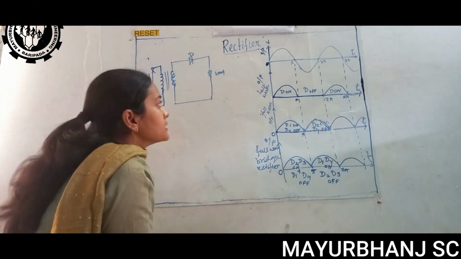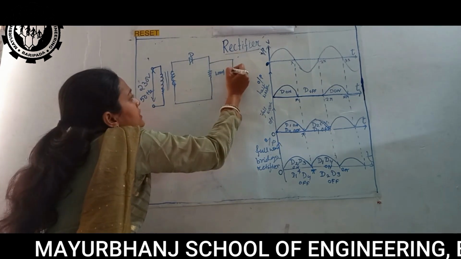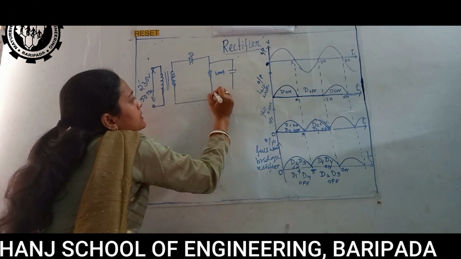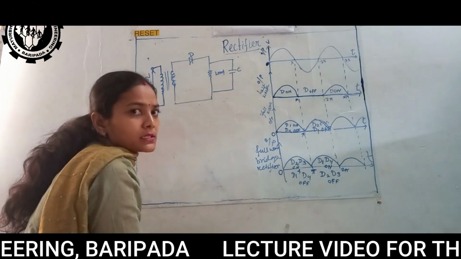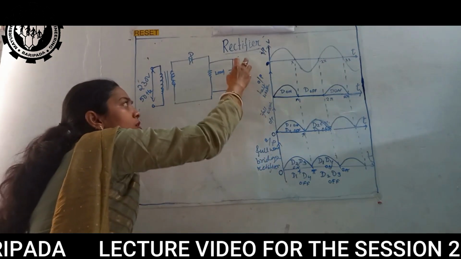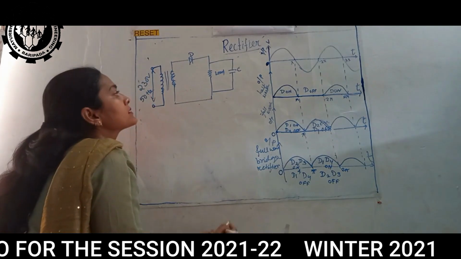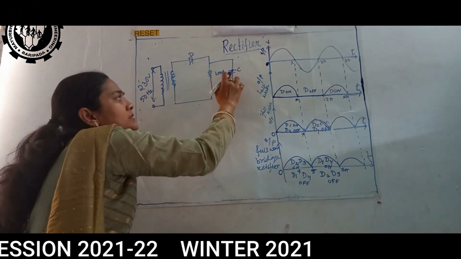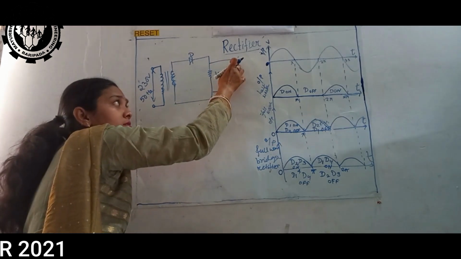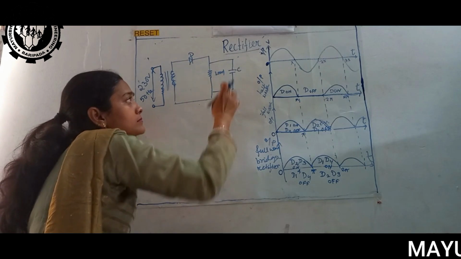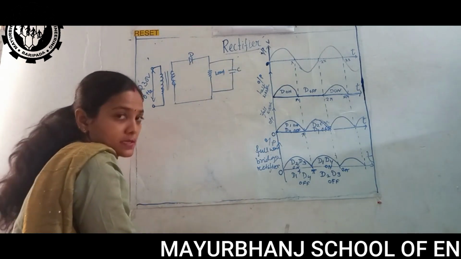If I am applying a filter circuit to it, simply you can connect a capacitor here. What is the use of a capacitor? The capacitor blocks DC and allows AC to bypass.